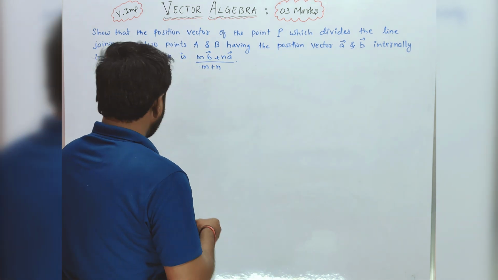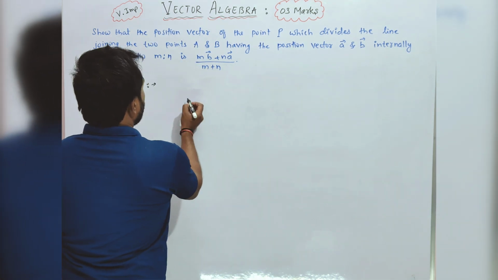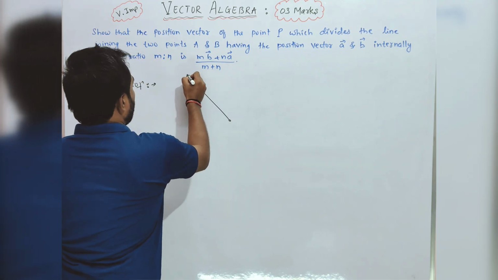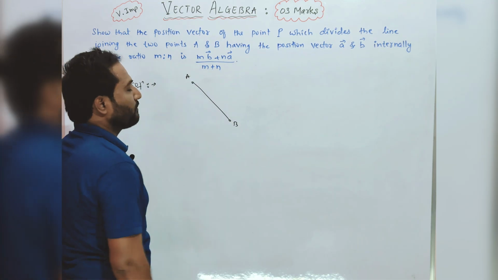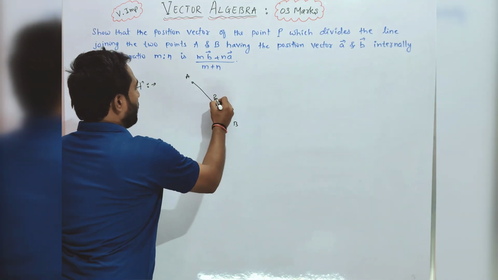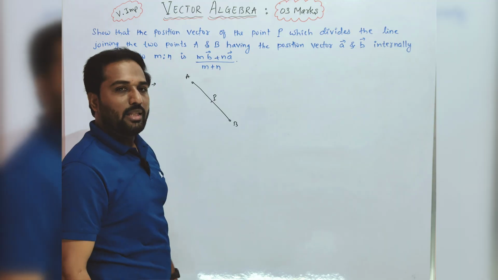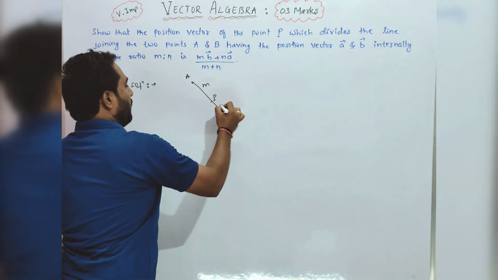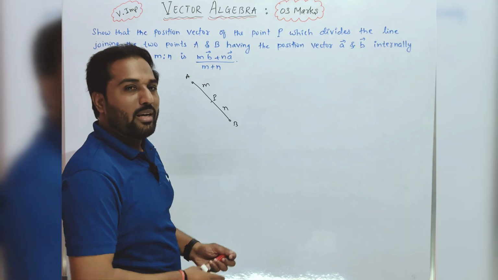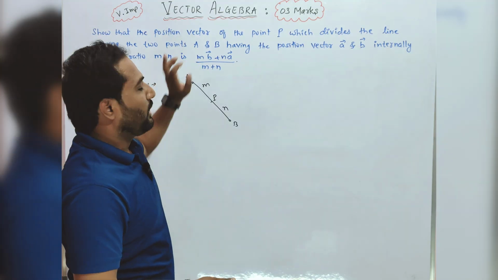Let us see. First, according to the statement, let us take a line AB, and to this the point P is divided in the ratio of m is to n. And he has mentioned one important definition here: position vector.